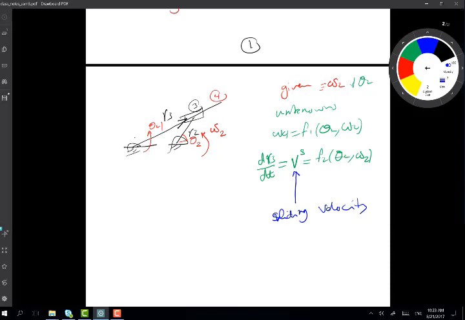It's rather the sliding velocity on link number 3. We'll talk about the things later on, but for the time being, just note that link number 3 over here has two velocities, one being on link number 4, the slider.